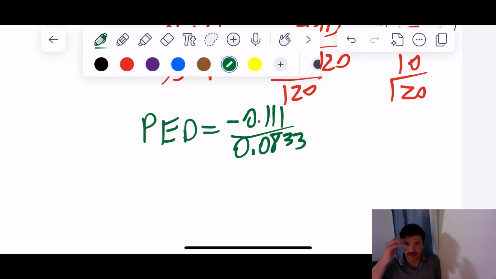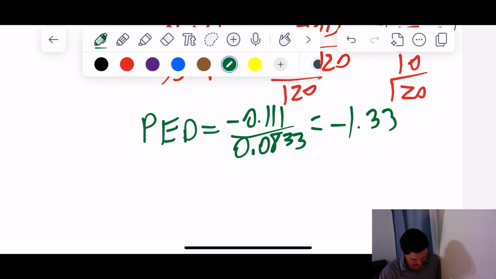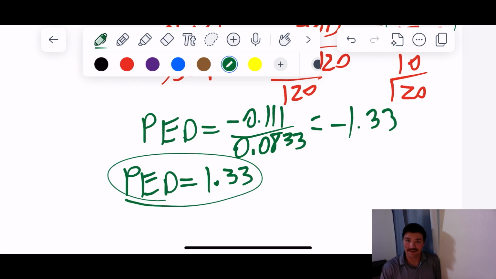From here, we'll just take these two numbers and divide them, and you should get negative 1.33. We'll take the absolute value here because it's always a negative number. And based off of this calculation, we're going to say this is an elastic good.